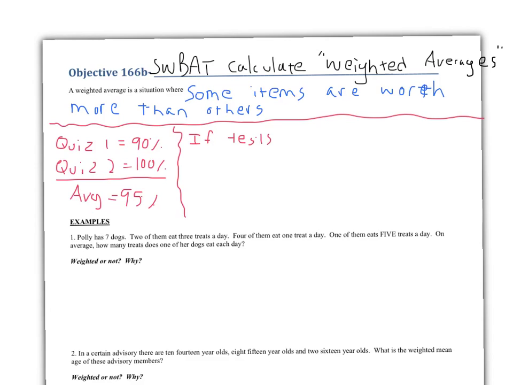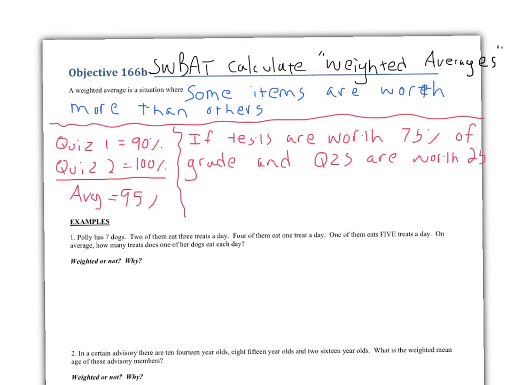If tests are worth 75% of grade, and let's just say quizzes, again, think as you write this, are worth, let's just say there are only quizzes and tests, so are worth 25%. Okay, so this is just a hypothetical example.